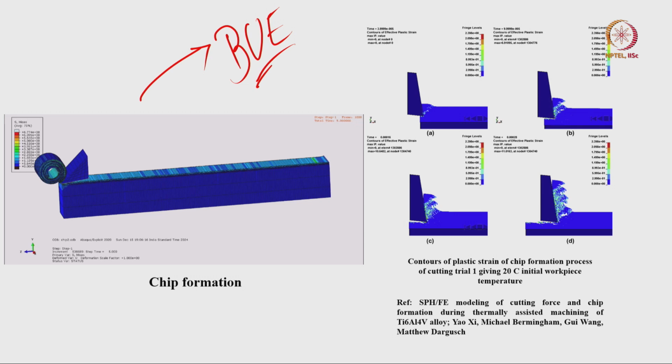These are the contours of plastic strain of the chip formation process of cutting trial 1 at 20 C initial workpiece temperature. This is an example of smooth particle hydrodynamics or FE modeling of cutting force and chip formation during thermally assisted machining of Ti 6 Al 4 V alloy.